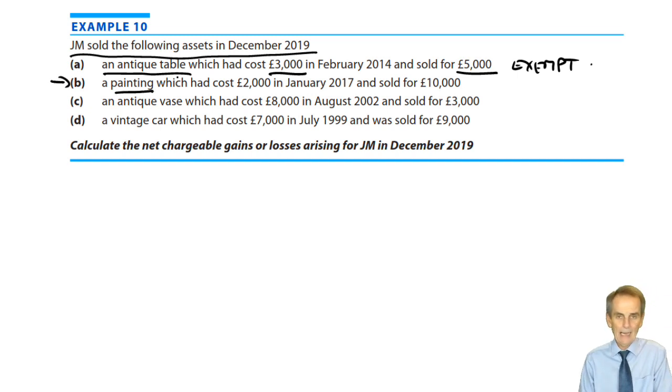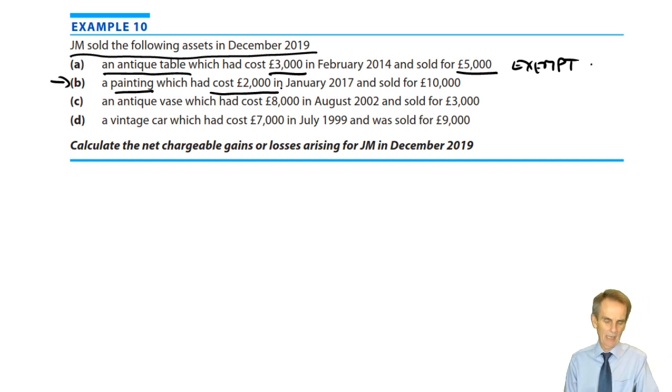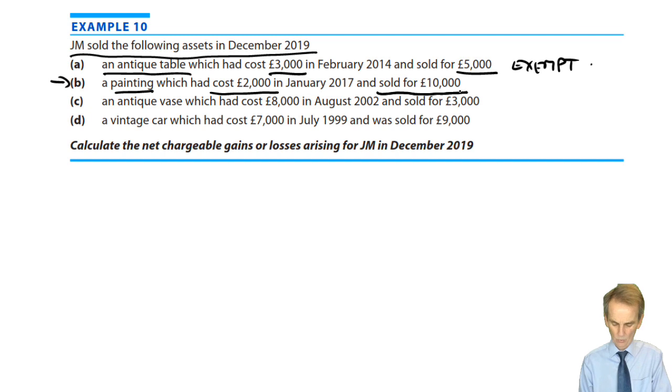A painting. Well, again, that's tangible, movable property. This is a chattel. This time, cost £2,000, so again, it's less than £6,000, the chattel exemption limit. But of course, we sold for £10,000. So where you've got a chattel bought for less than 6, sold for more than 6, we do the 2 calculations. You do your actual gains calculation. Well, that's simple enough. There's your proceeds at 10.